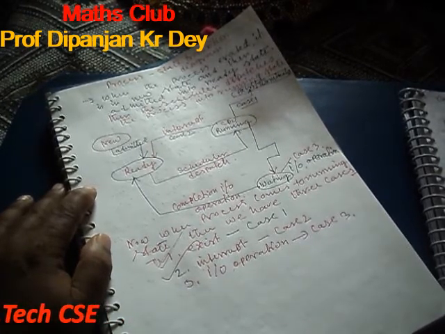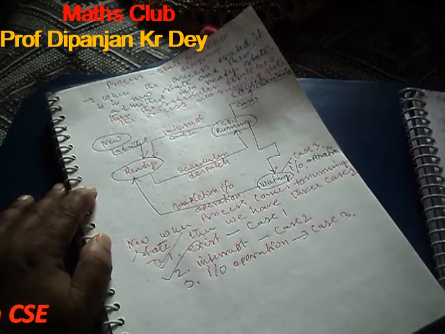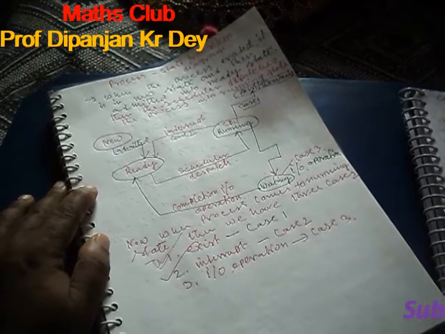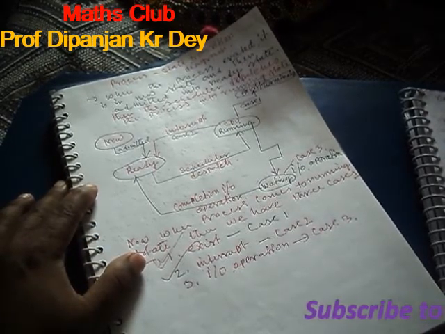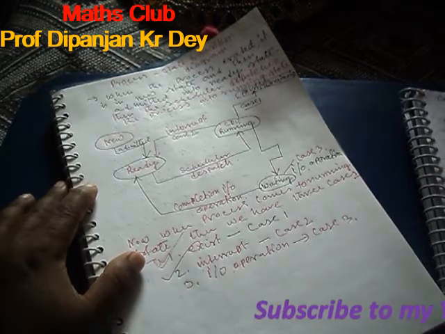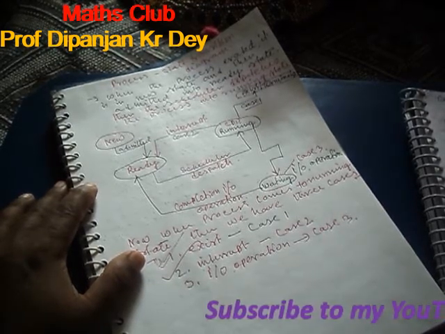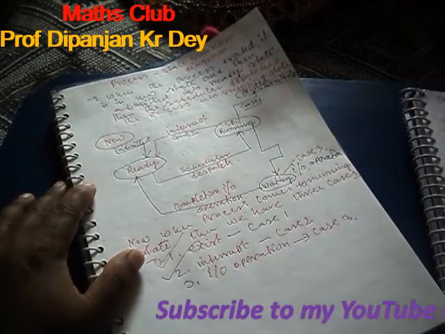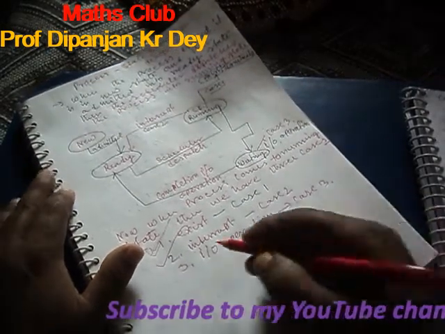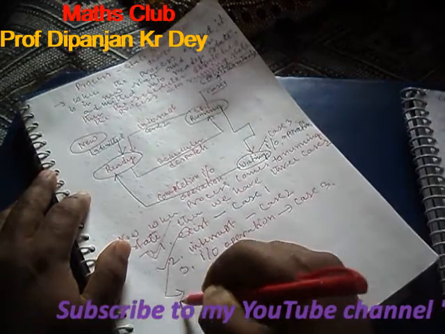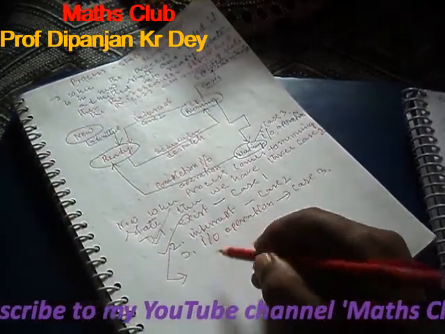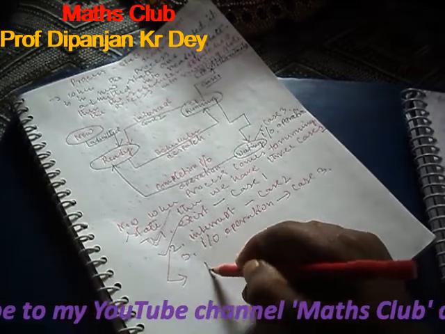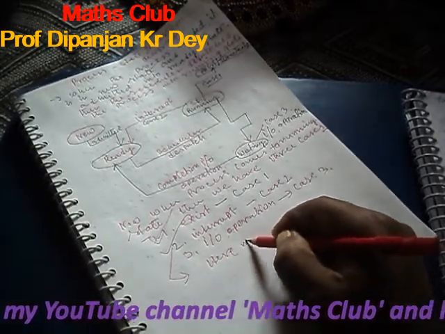Now in case 2, I am discussing case 2, interrupt. Here in running state, the CPU sends the less priority process to ready state, and the high priority process comes into running state.